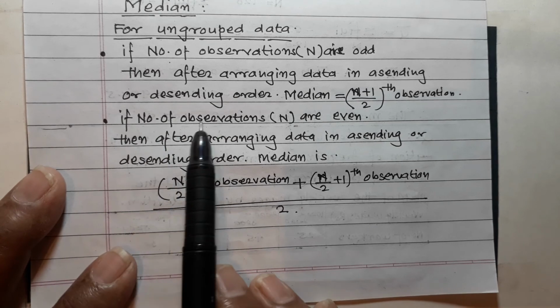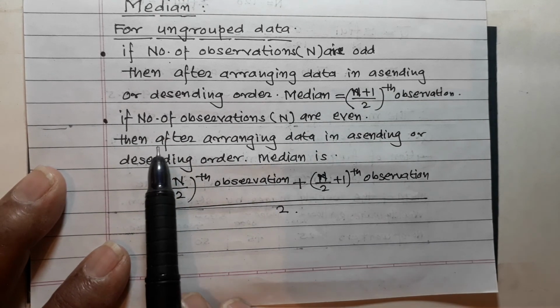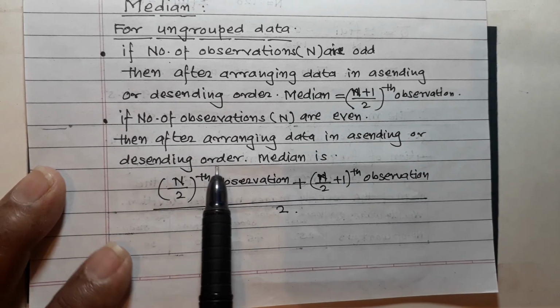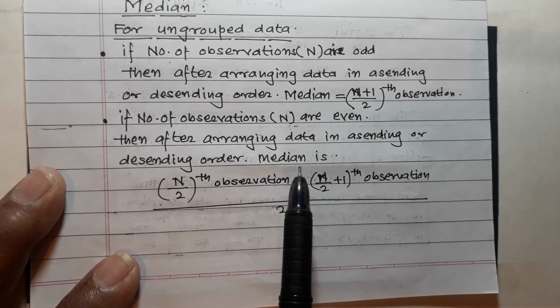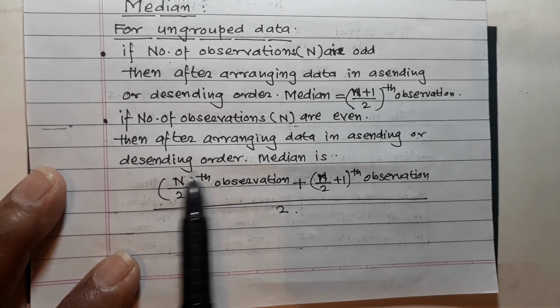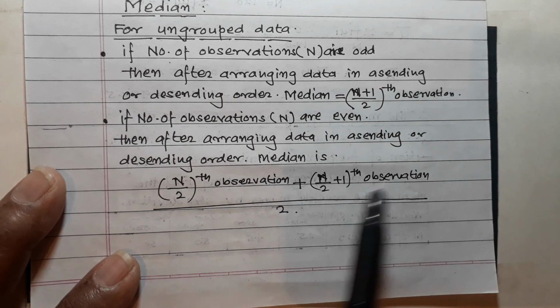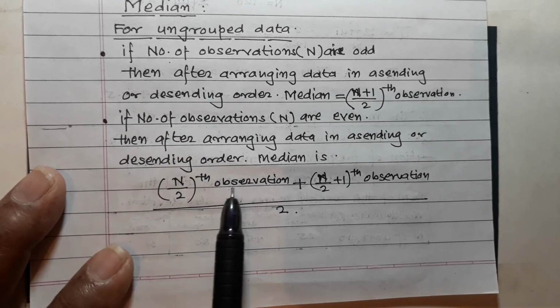And if the number of observations n is even, then after arranging the data in ascending or descending order, in this case there are two terms at the center, and therefore find these two terms and find the mean of them, which gives you the median.